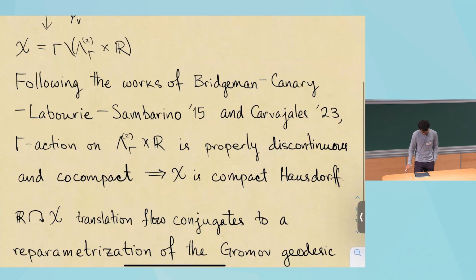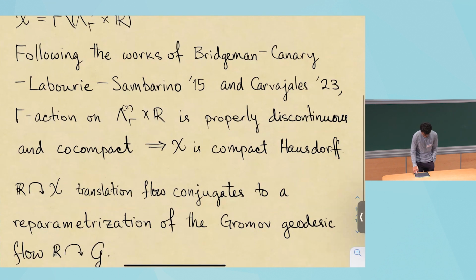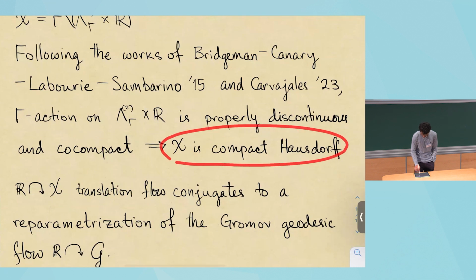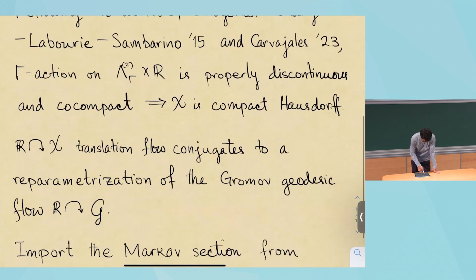So following the works of Bridgeman, Canary, Labourie, and Sambarino, and also Carvajales, this action is properly discontinuous and cocompact. And so it makes sense to quotient by gamma. And so this base space is a compact Hausdorff space. And as I mentioned before, this is really just this Gromov geodesic flow.